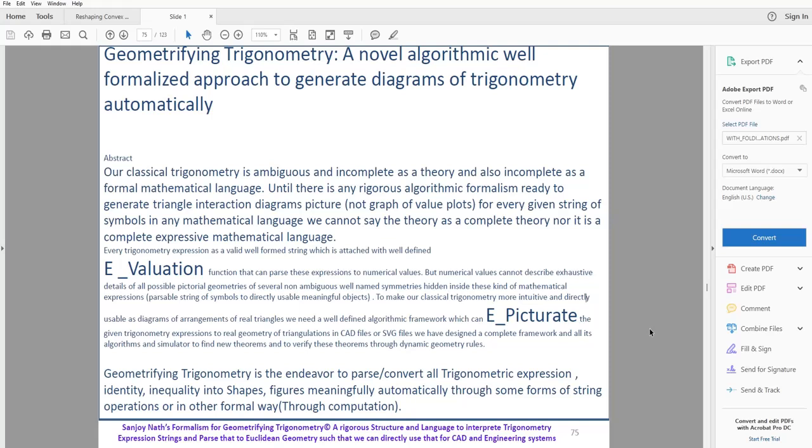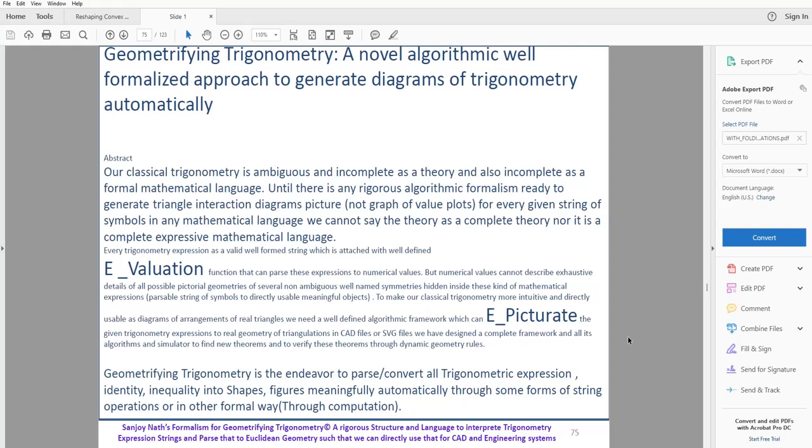We need a well-defined algorithm with proper plus, proper minus, proper multiply, proper divide, proper equal to. Which kind of these operators to use to get which kind of real bunch of line segments is very important. That algorithmic framework, instead of evaluation, we call e-picturization.